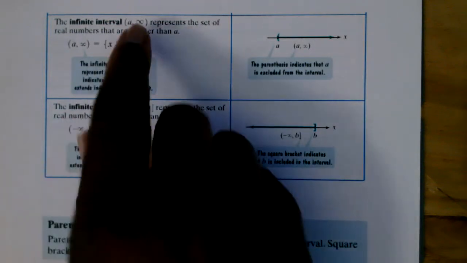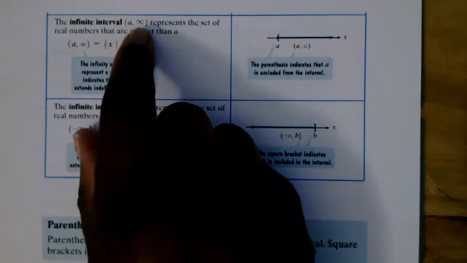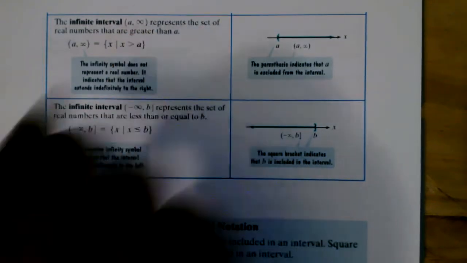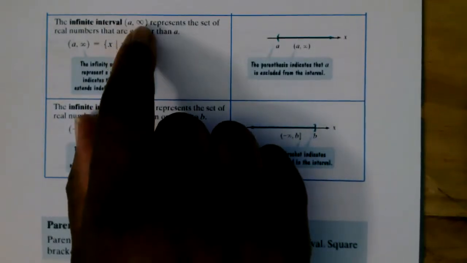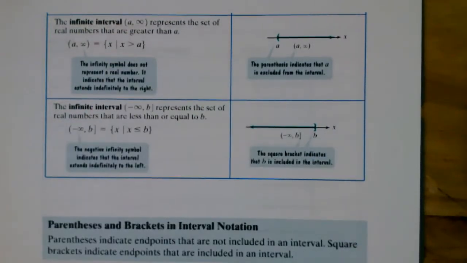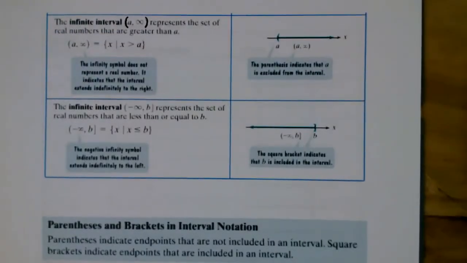Now, in this case here, we use this symbol, infinity. And the infinity symbol looks like the number 8 lying on its side. Okay, that's infinity. So the infinite interval, A to infinity, and here they're using the parentheses, that represents the set of real numbers that are greater than A.